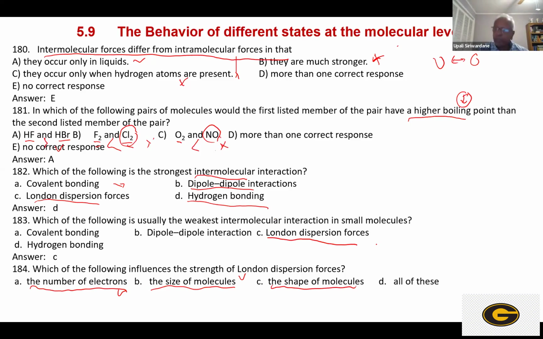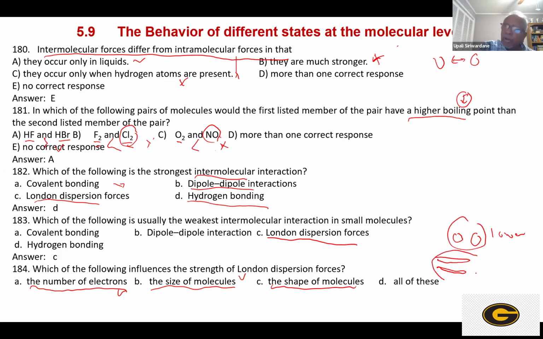That's true. If you compare a spherical molecule and a flat molecule, the flat or linear molecules have larger surface area. Therefore, attraction between them is higher because surface area is larger.